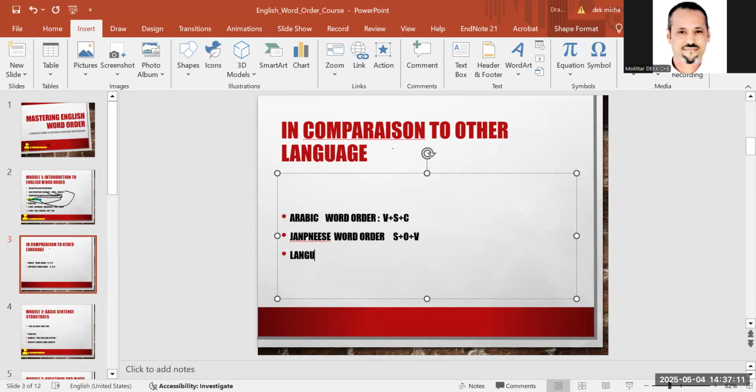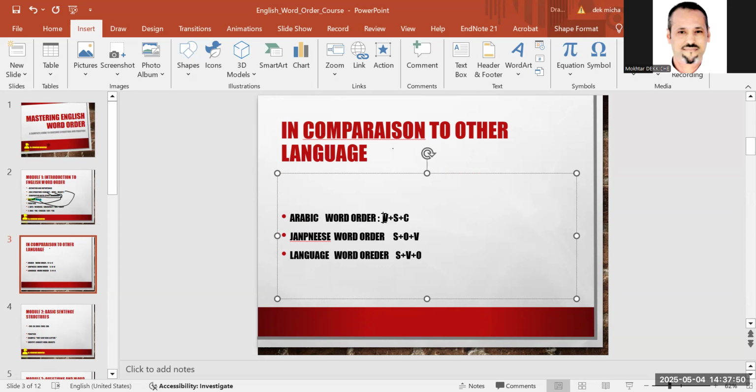In English, we see the word order is that we have to start with the subject. The subject is followed, in the general case, by the verb, and we complete with the objects. So we see here that each language has its characteristics and patterns that guide the structure of sentences.